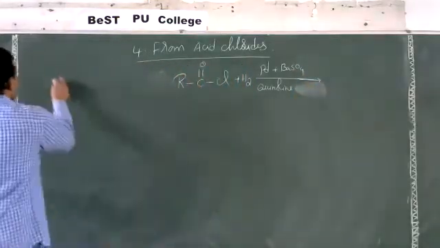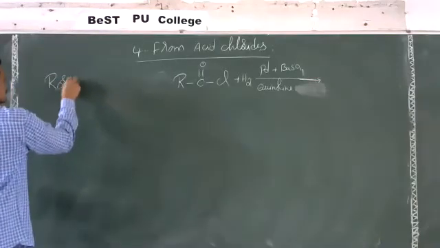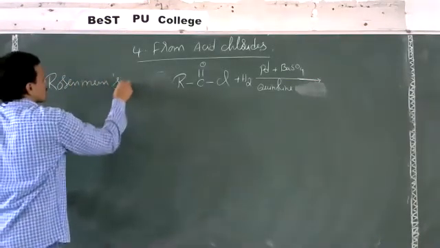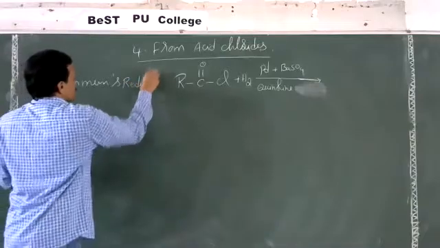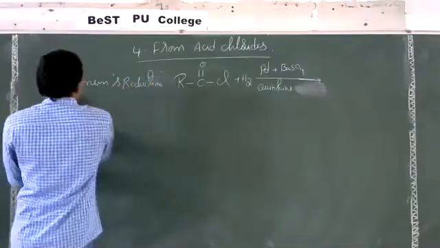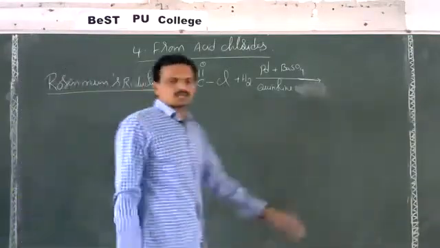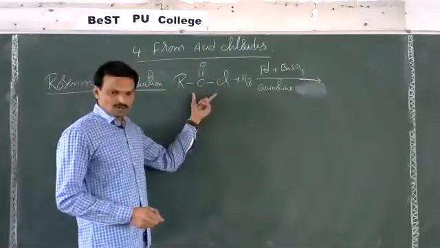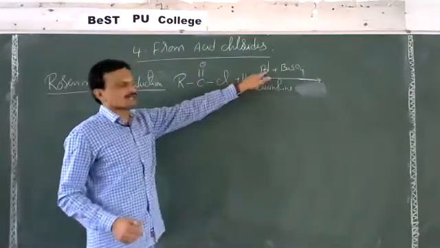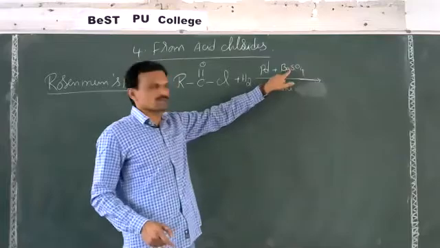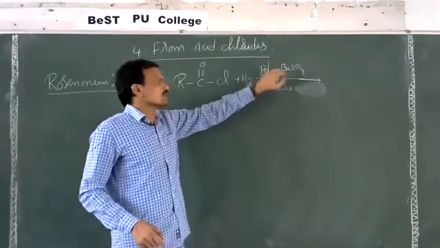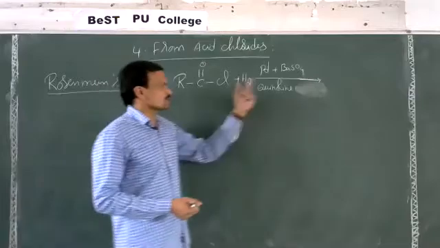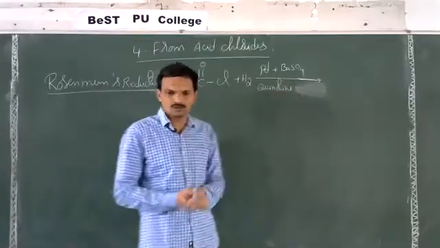This reaction is called the Rosenmund reduction. This is an important named reaction. So Rosenmund reduction, this is called. So reduction of acid chlorides in the presence of palladium and barium sulfate, which is partially deactivated in the presence of quinoline or sulfur containing compound.